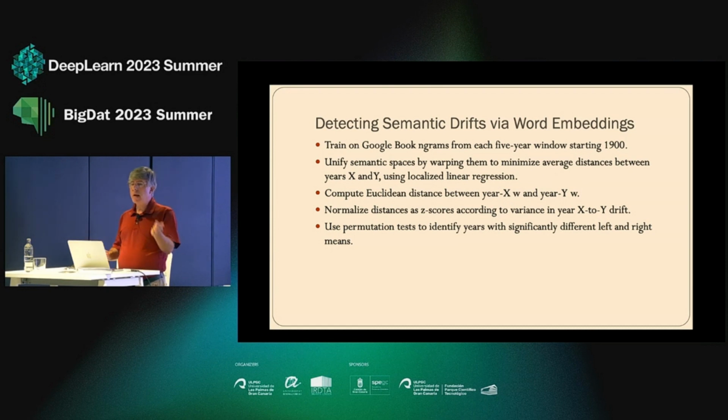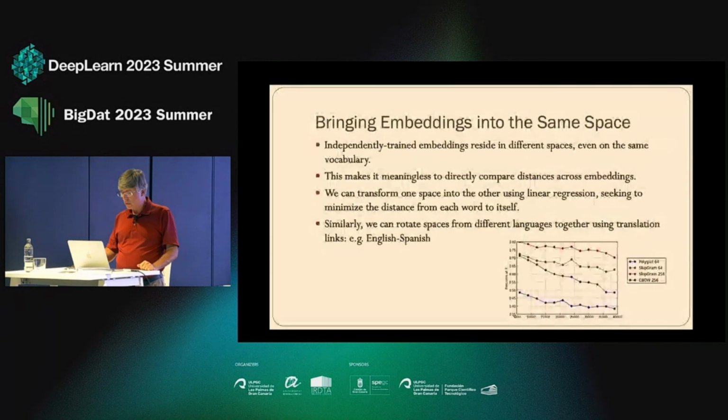And depending upon what that distance is, bigger distances probably mean that the word has changed its meaning. And if you do the statistics in the right way, you'd like to be able to figure out whether or not some of that shift is just because of chance and noise and training. You'd like to be able to measure when there were statistically significant changes.